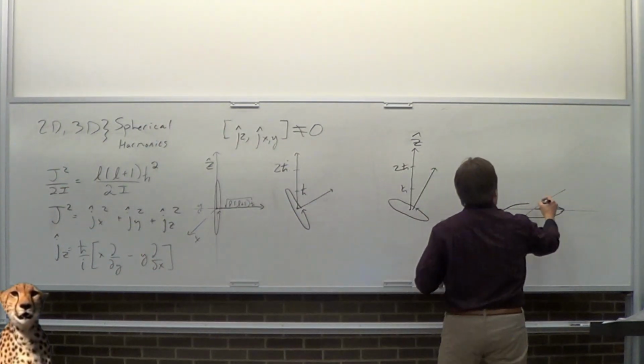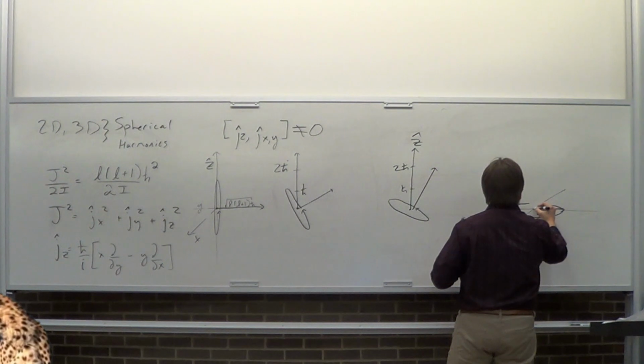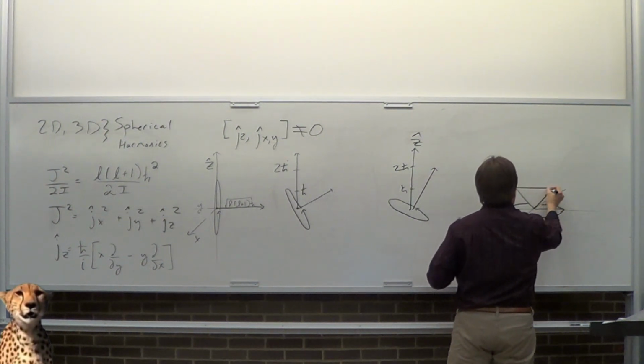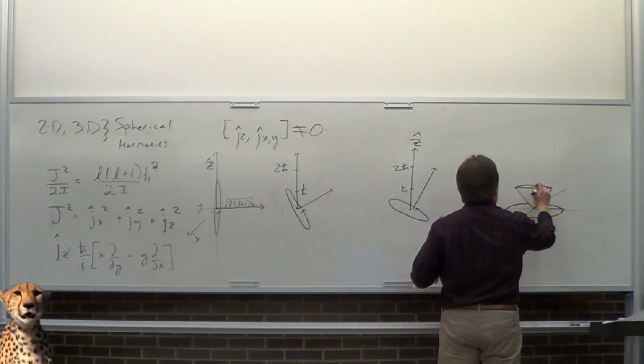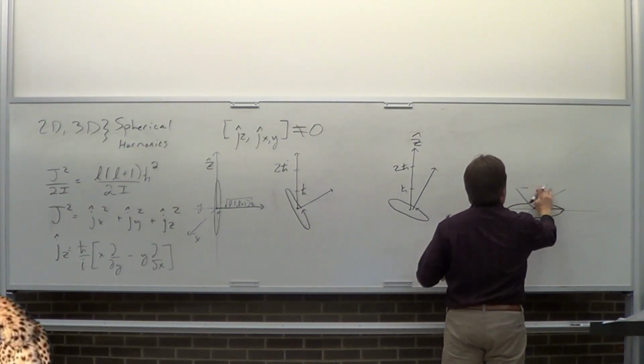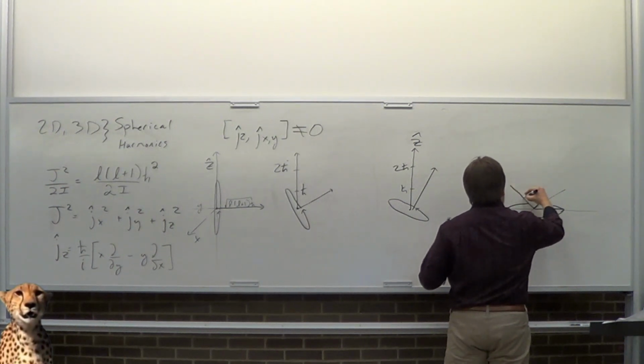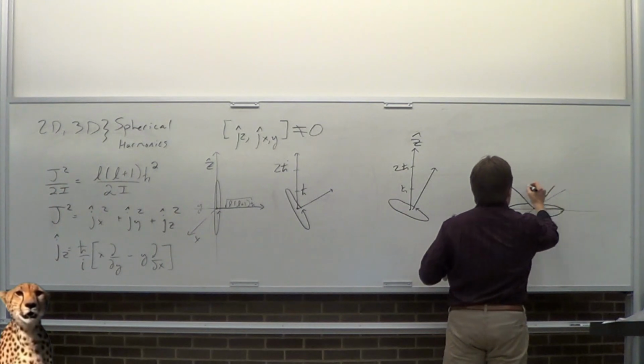Now for the projection on z, let's do the j of 1. It looks like that. And then maybe it's a little bit wider. I don't know that I'm drawing the absolute length correctly.